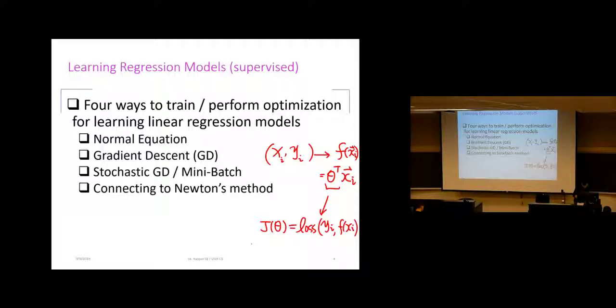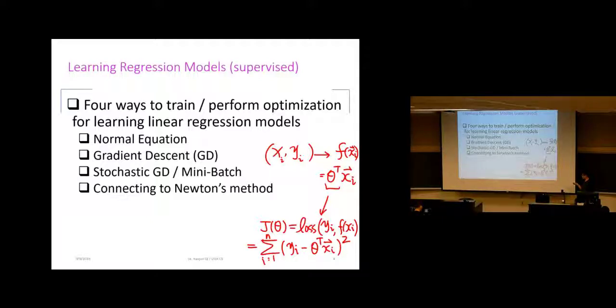And in our setting, our loss function is the summation over all the samples of yi minus theta transpose xi, quadratic. In this formulation, you know xi, you know yi.